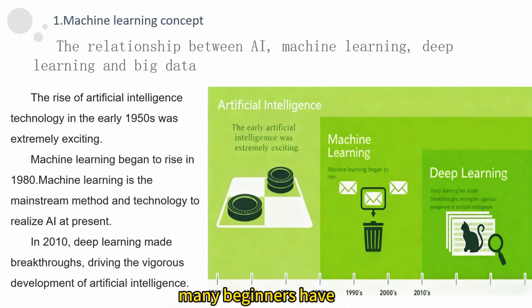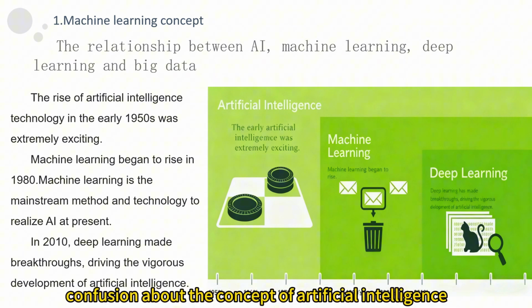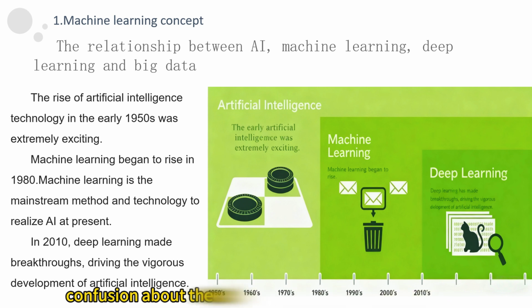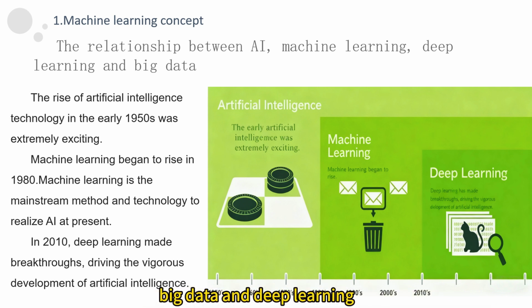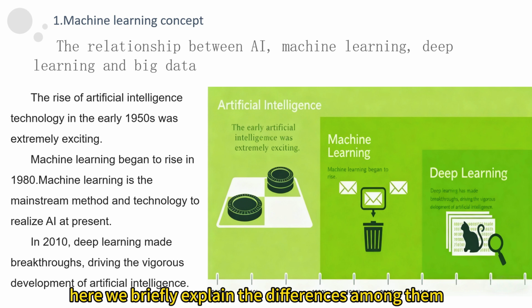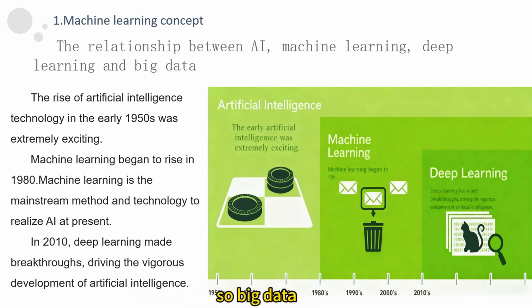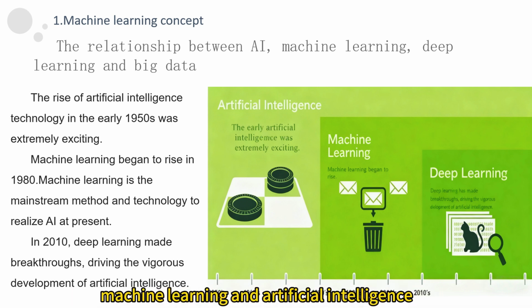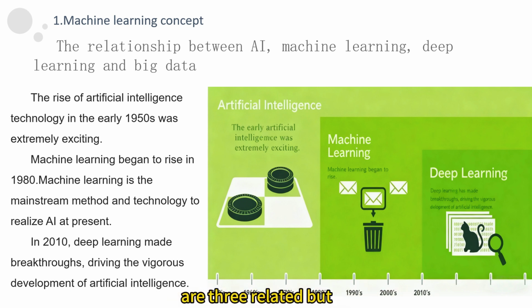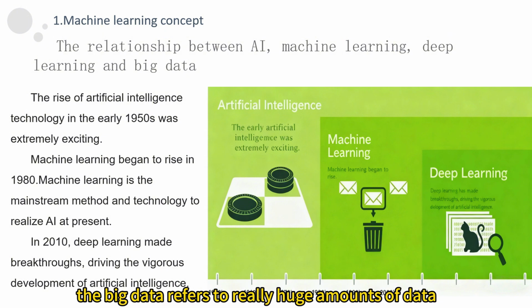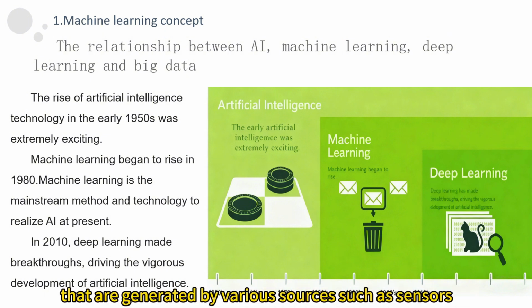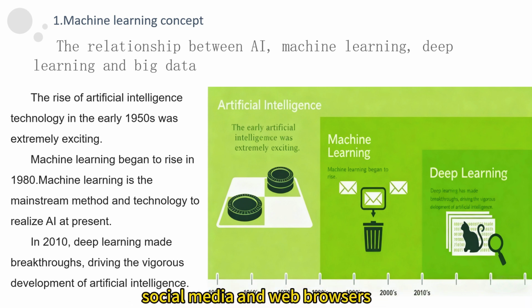Many beginners may have confusion about the concepts of artificial intelligence, big data, and deep learning. Here we briefly explain the differences among them. So big data, machine learning, and artificial intelligence are three related but distinct concepts. Big data refers to really huge amounts of data that are generated by various sources such as sensors, social media, and web browsers.